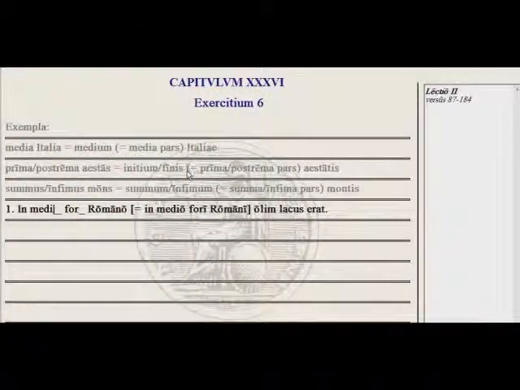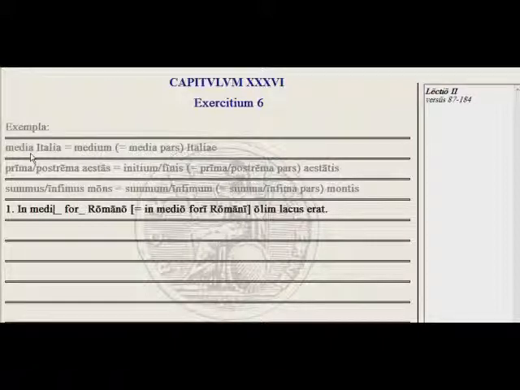This is Chapter 36, Lesson 2, Exercises. Here we have some examples of ways of using adjective-noun combinations. So we have media Italia. Media is the adjective from medius, -a, -um, and Italia is the noun for Italy. So media Italia literally means Middle Italy.